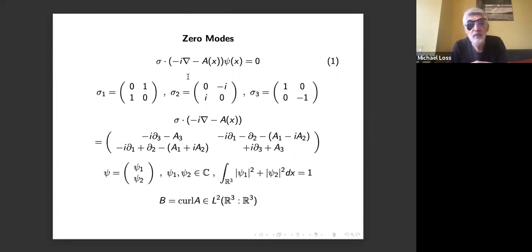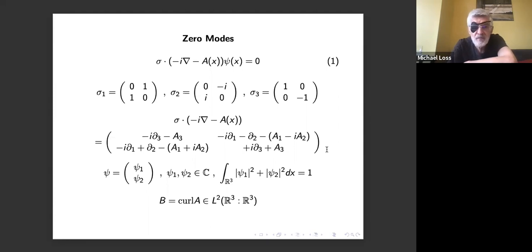I've written down what a zero mode is: sigma dot minus i gradient minus A applied to psi equals 0. Psi must be a normalizable spinor. That's important. The sigmas are, of course, the Pauli matrices. I wrote it out here again for your convenience. This sigma dot minus i grad minus A operator looks rather complicated, so I've written it out in matrix version.